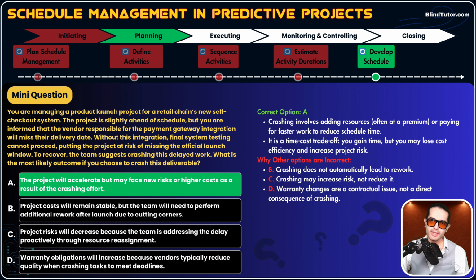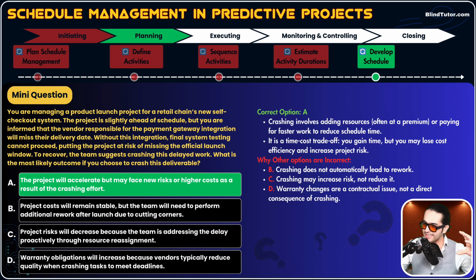Now, let's read the description, guys. Crashing involves adding resources or paying for faster work to reduce the schedule time. This typically leads to increased cost and potential new risks. What are the potential new risks? Quality issues, coordination problems, resource overload, okay? When we hire new people, you need to do onboarding.